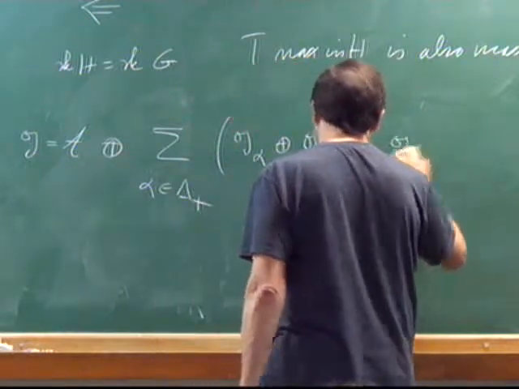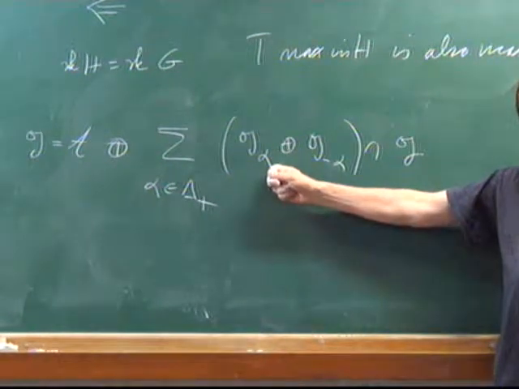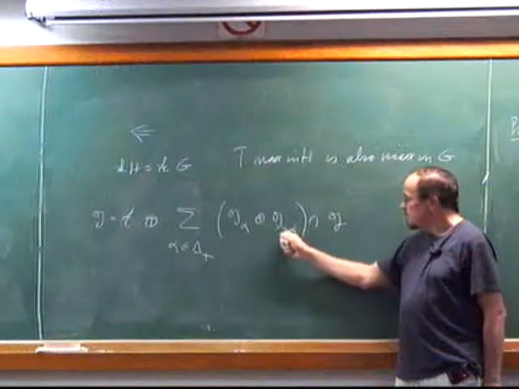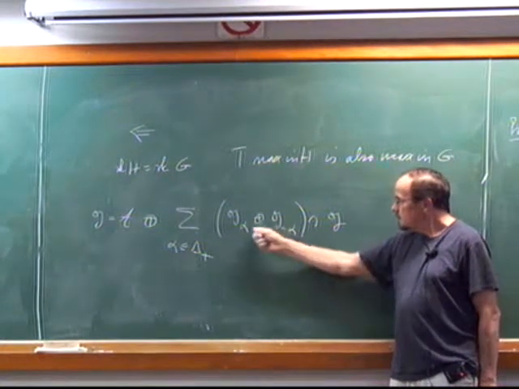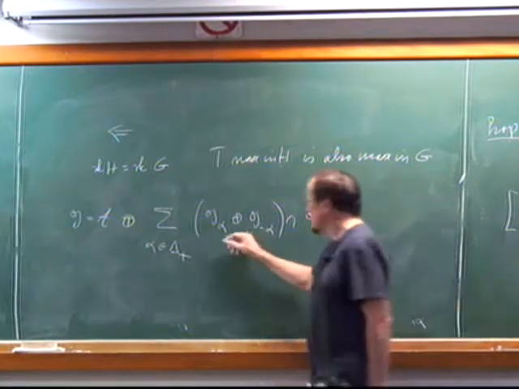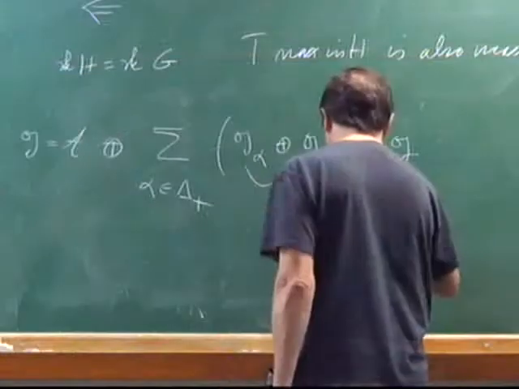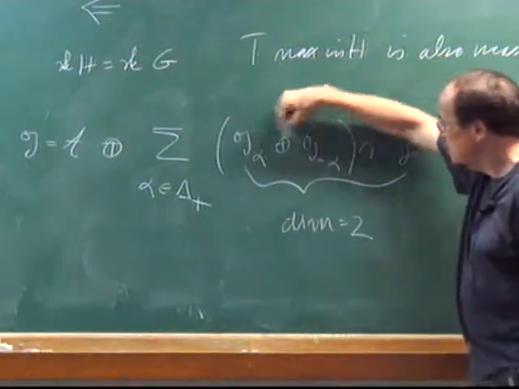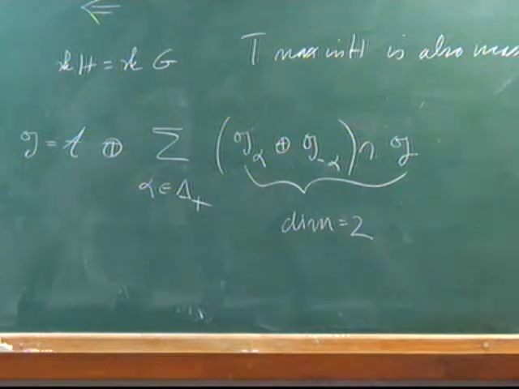intersected with g. So here, g_alpha was the root space in the complexified Lie algebra, and g_minus alpha was its conjugate. So if I take the direct sum with its conjugate, there's something in the real vector space. These have complex dimension 2, each root space having dimension 1. This has real dimension 2.